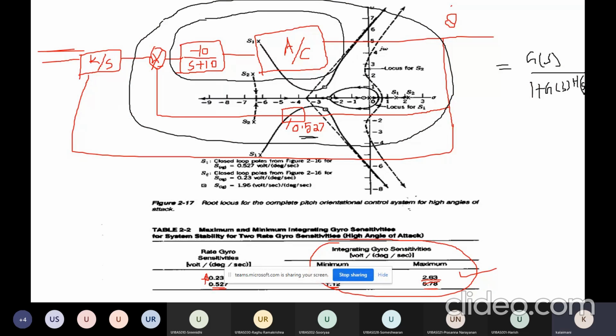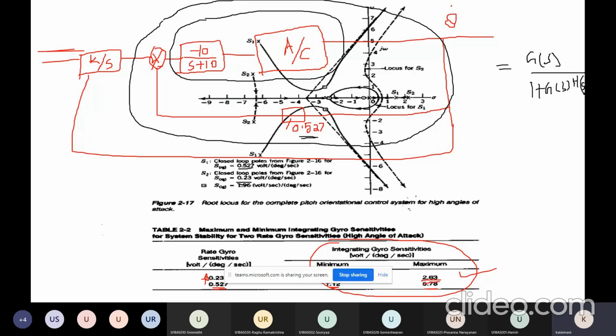In this case, S1 indicates the closed loop poles from the previous case for the inner loop condition, for a rate gyro sensitivity value of 0.527. There are two root locus cases. One is capital S1, associated with the rate gyro sensitivity value of 0.527. Another is S2, whose root locus branches are related to the rate gyro sensitivity value of 0.23.